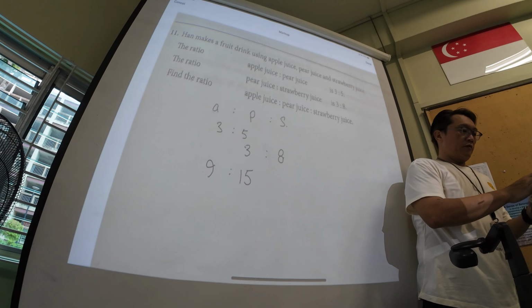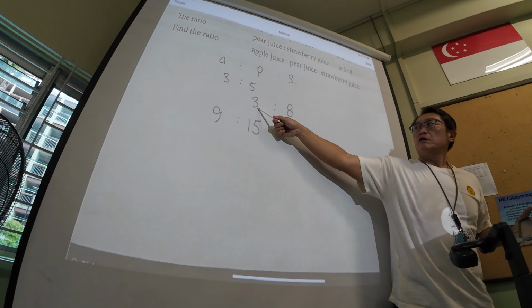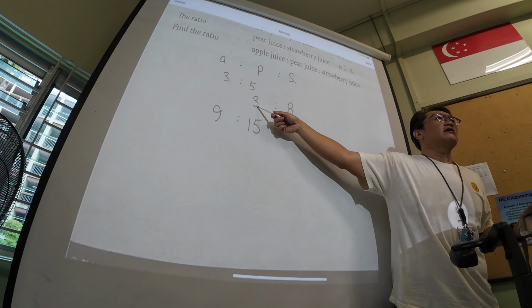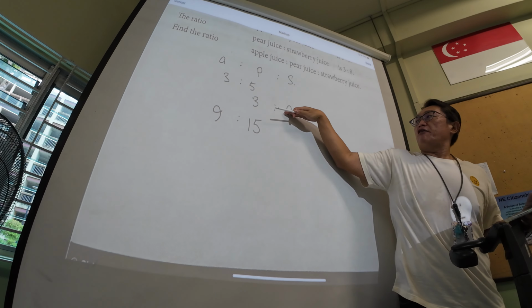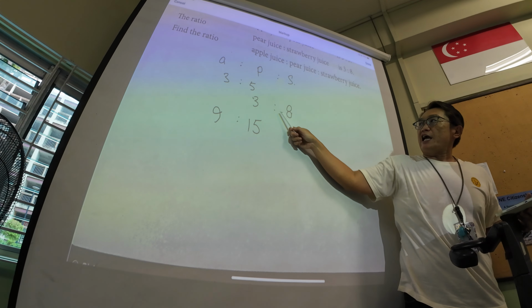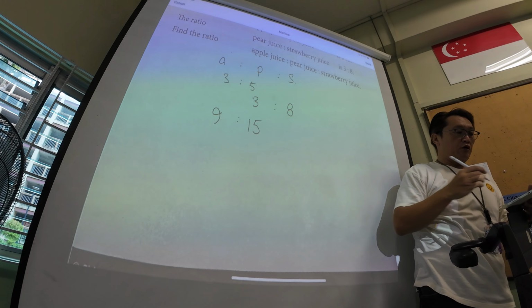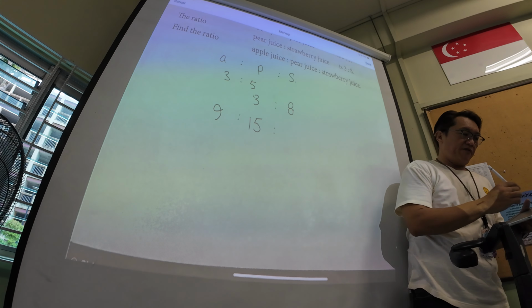And 3 to become 15, we need to multiply 5. So this whole line, they are a ratio. If this line I multiply 5, this side I must also multiply 5 to get what is the actual strawberry. 8 times 5, 40.